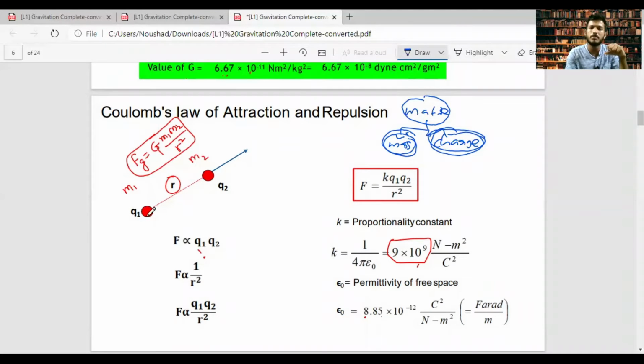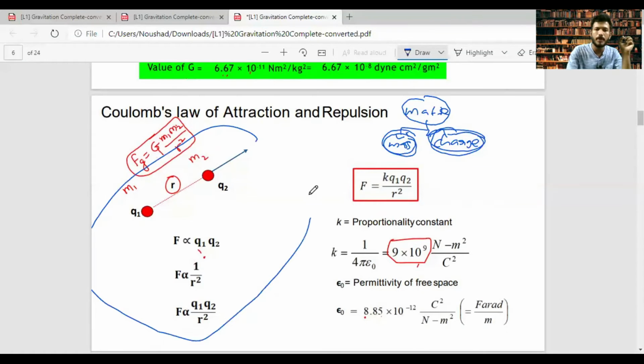For a massed body, we have the law of attraction and repulsion. The other part comes from electrostatics. F is proportional to q1 q2, F is proportional to 1 by r square, so F is proportional to q1 q2 by r square.